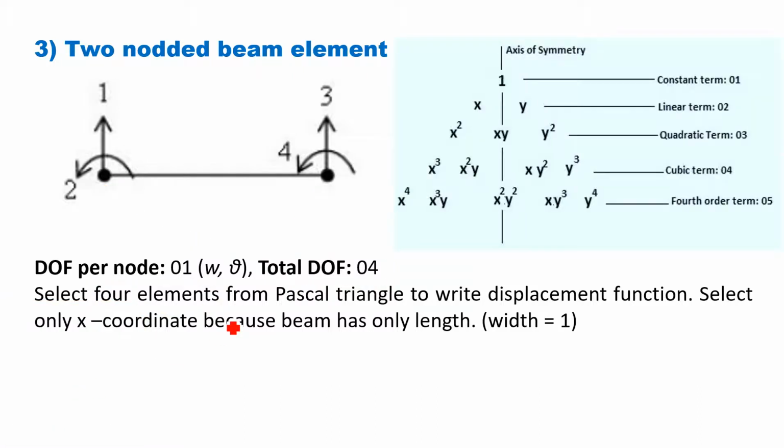Okay. So again we will consider this same Pascal triangle 2D. Now 4 elements we have to select from this. So first element is this one. Out of remaining 2, second row, we will select x only, because beam is also a one dimensional structure having only length, that is in x direction. So we will select only x.